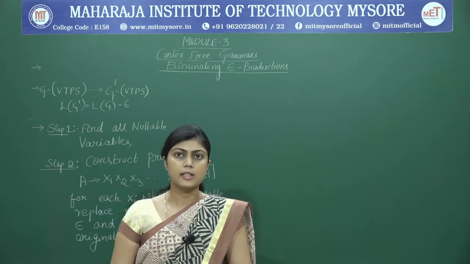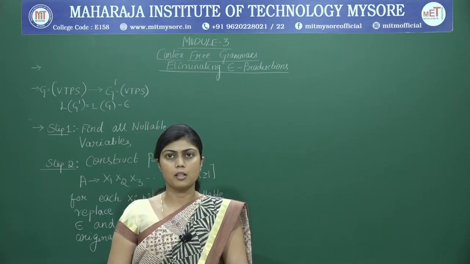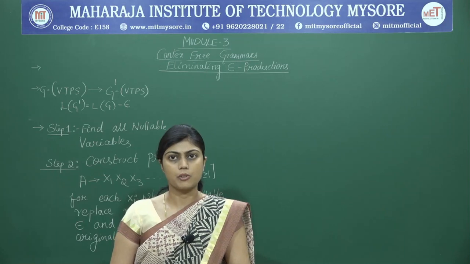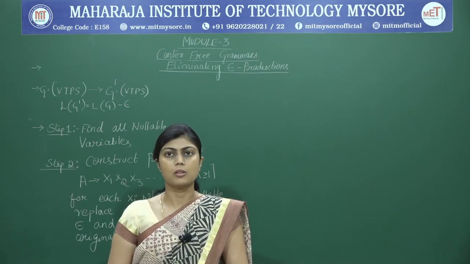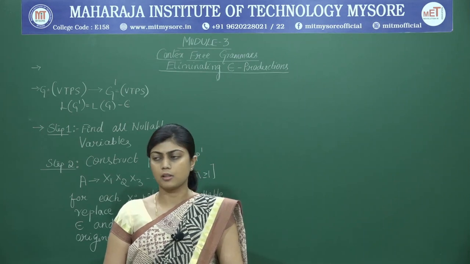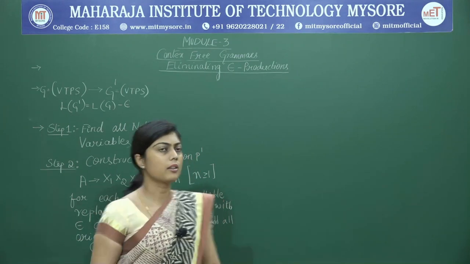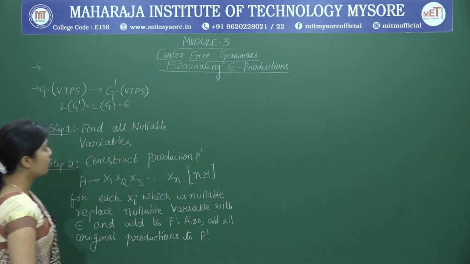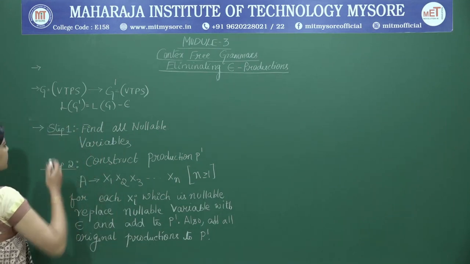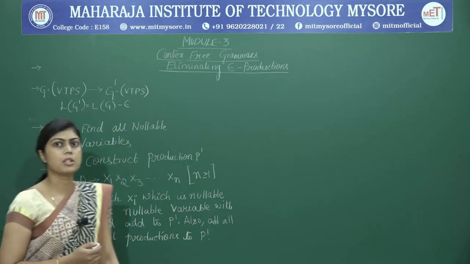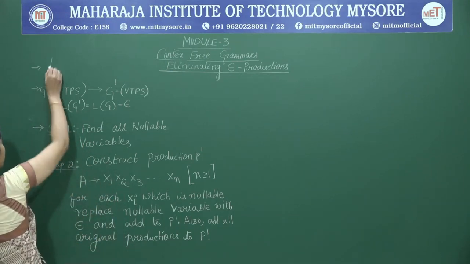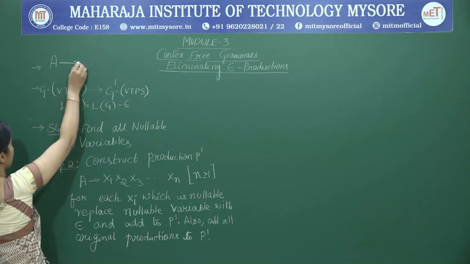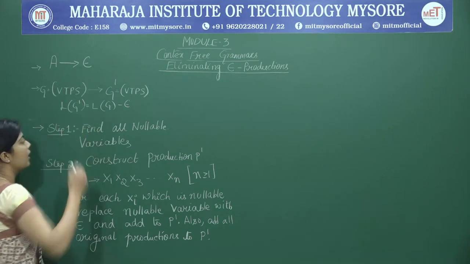So, now we will see the procedure for eliminating the epsilon productions from the given grammar while protecting the language that is generated by the production rules of the grammar. First of all, what is an epsilon production? Any epsilon production is of the form of some variable, I am going to write it as A goes to epsilon.